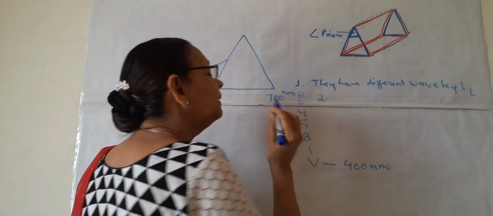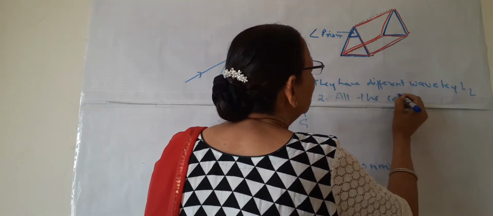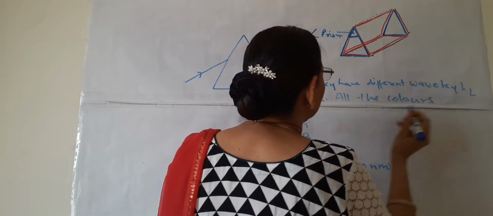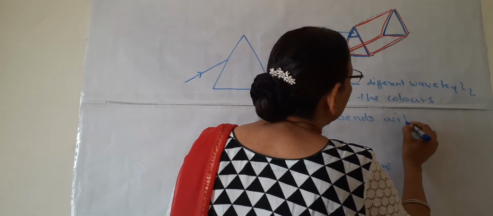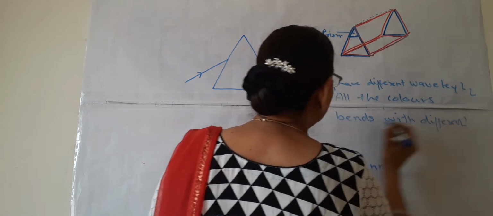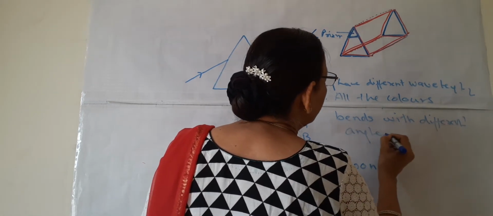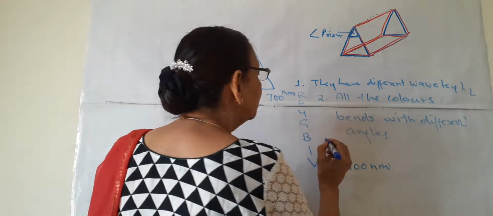And the second is, the light of all the colors bends with different angles. What does it mean? It bends by different angles. We will just see what this is.